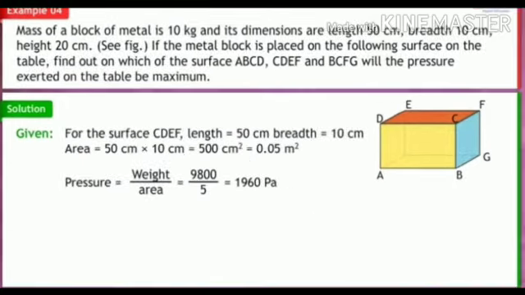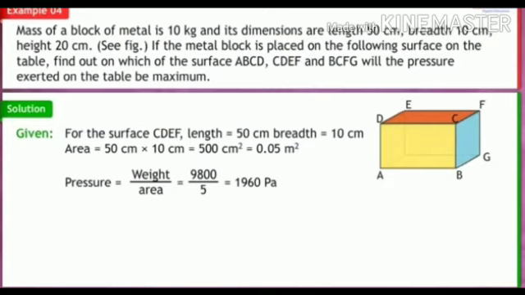which is equal to 980 Pascal. Now for the surface CDEF, length is 50 centimeter, breadth is 10 centimeter. Now area is 50 into 10, which is equal to 500 centimeter square. After converting it into meter, we will get 0.05 meter square. Now pressure is weight upon area.